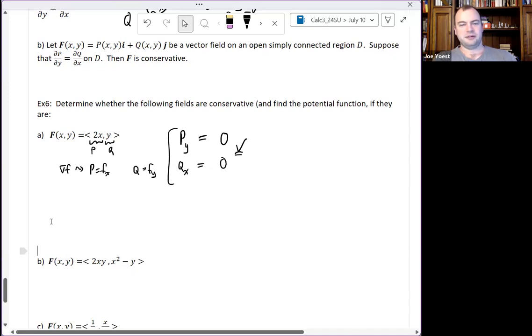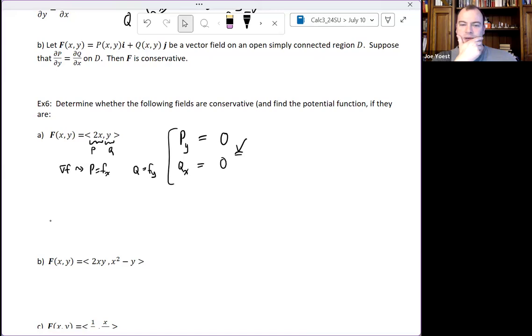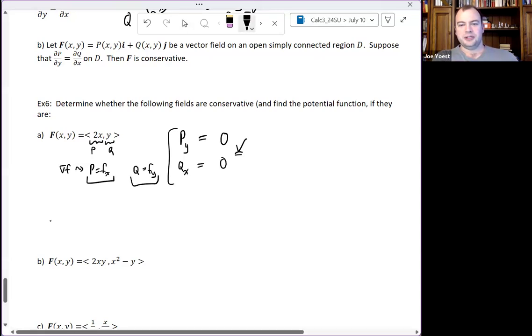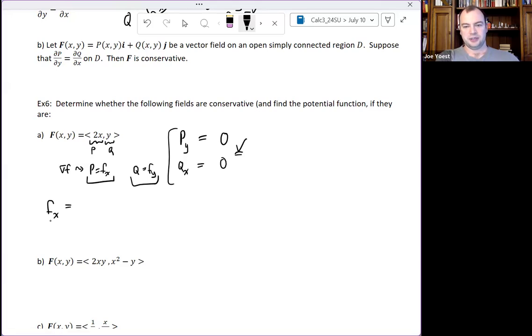How do I find little f aside from just guessing? Well, I can actually use this knowledge now, right? I know that little f's x partial has to be 2x, and little f's y partial has to be y.